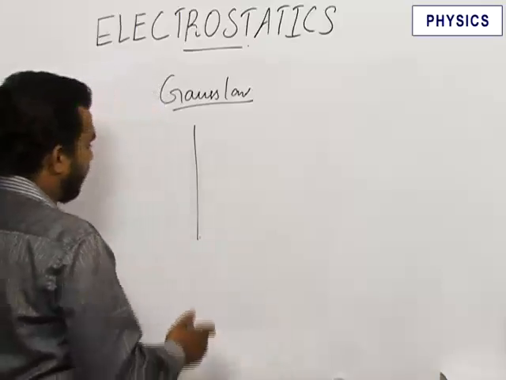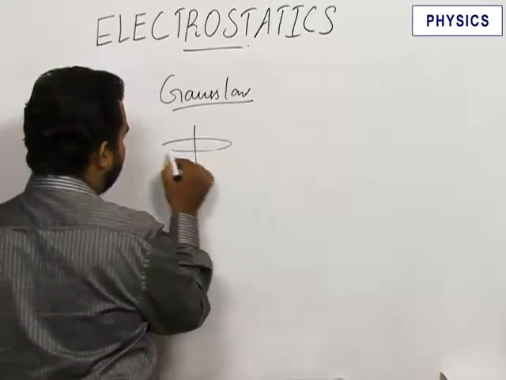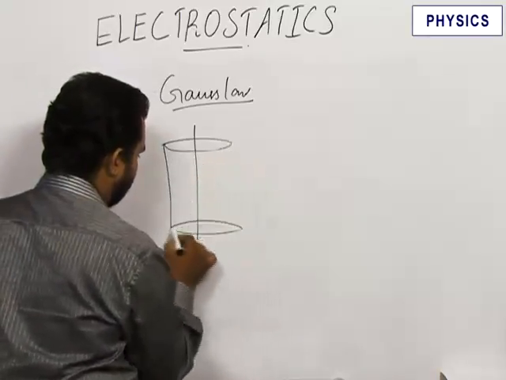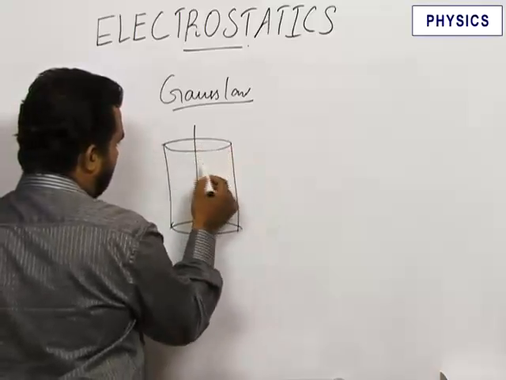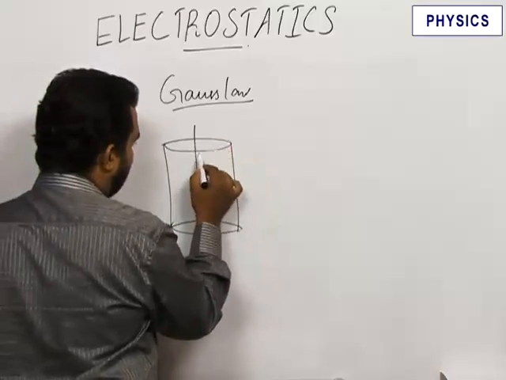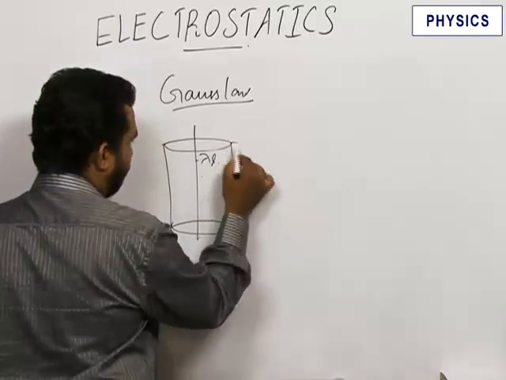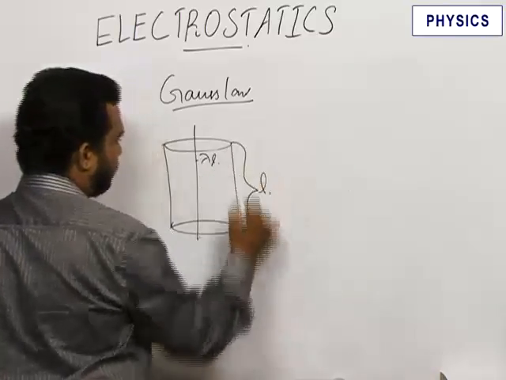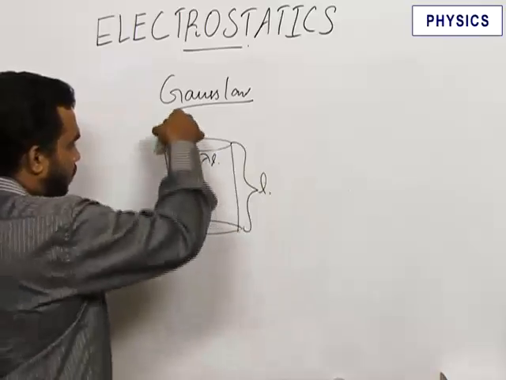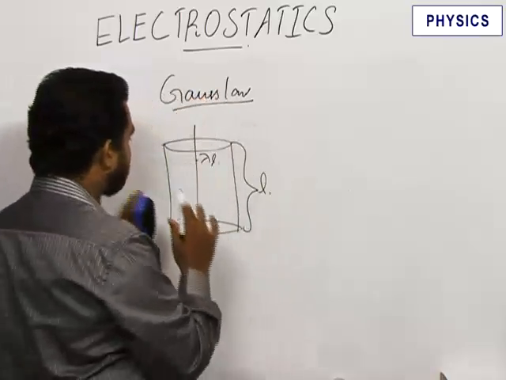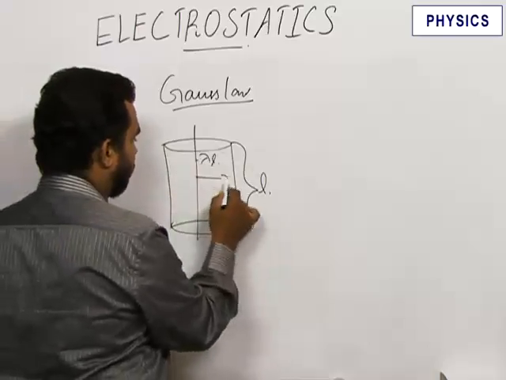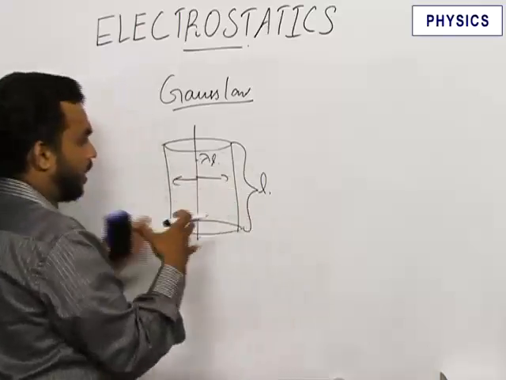In the case of a line charge, you imagine a cylindrical surface. This line charge has the value lambda L, where L is the length of this Gaussian surface, where I use the curved surface of this cylinder, where the electric field passes through only the curved surface because the lines of force are radially outward.